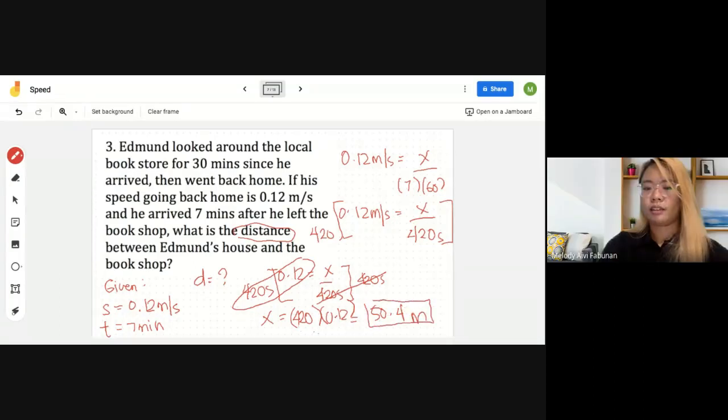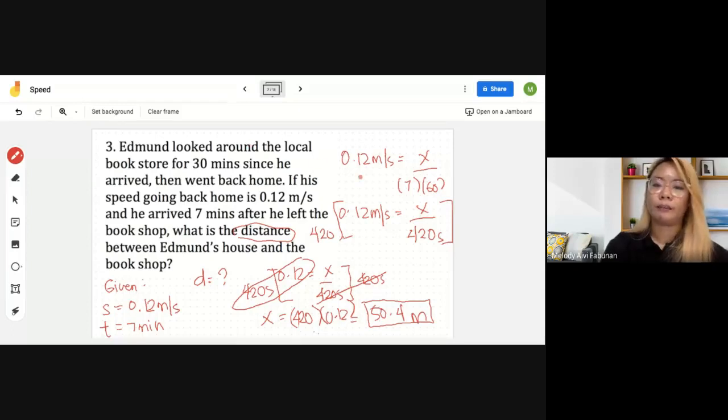Ayan. Grade 7, don't forget your units ha. Sa exam at sa quizzes, answers without units will be considered as wrong. So, wag tayong sasagot ng numbers lang. If it's a scalar quantity, you need the unit. The same if it's a vector quantity, you need the unit.